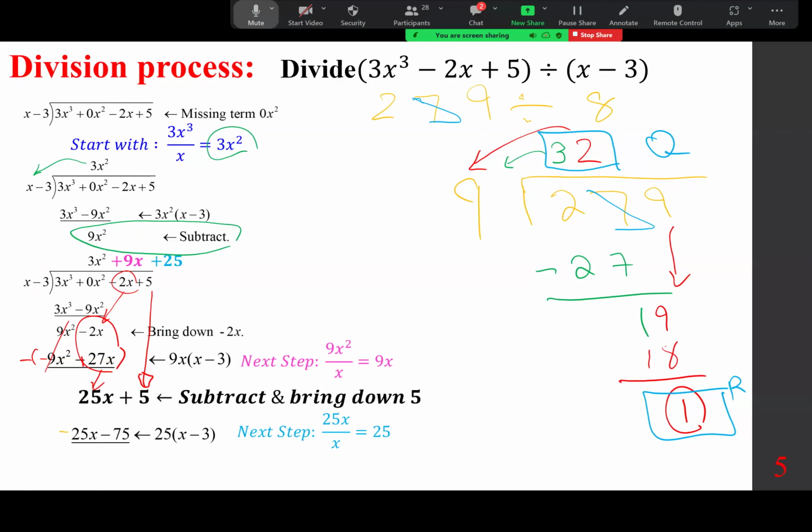Subtract meaning you can say this is negative, this is positive. They cancel each other. And that gives us 80. So this is the quotient. This is the remainder.